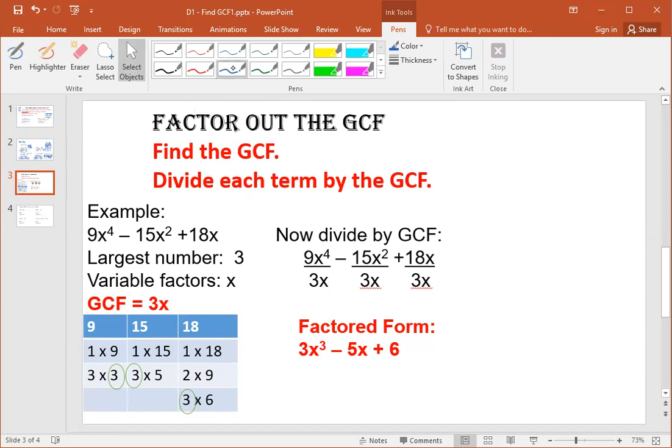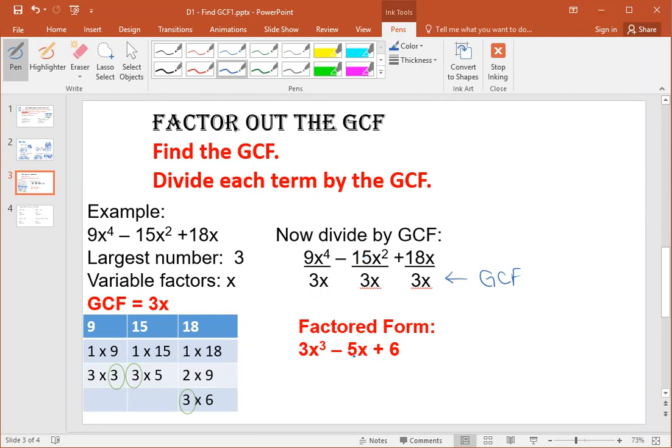So this portion right here is the GCF. So we are dividing by the GCF. So 9 divided by 3 gives me 3, and x to the 4th, take away one of them, I have 3 left.